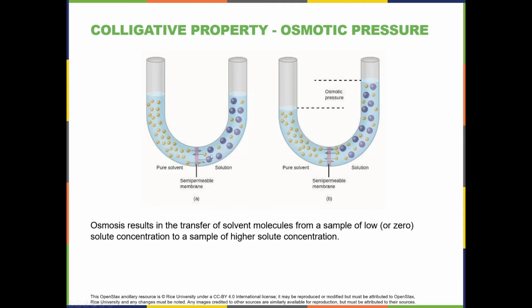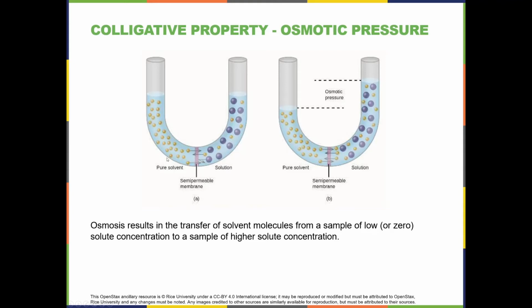So what's going to happen in this case? Well, the water flows from low solute concentration, in this case no solute concentration, to high solute concentration. So the water moves across the membrane at the beginning in this direction more often than it moves in this direction.